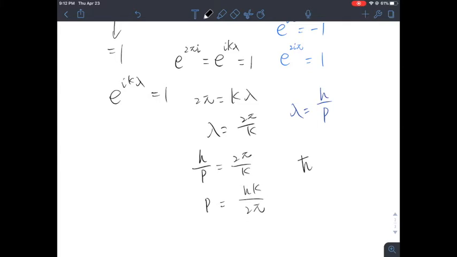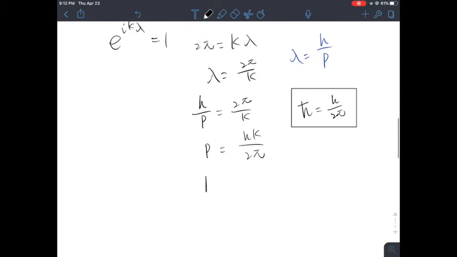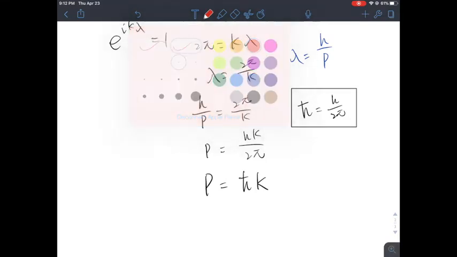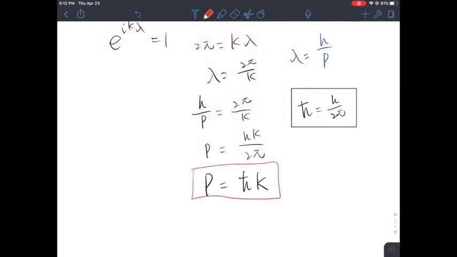Because the Planck constant divided by 2 pi pops out a lot in physics, we define it as bar h, the reduced Planck constant. Bar h is defined as h over 2 pi. So we can rewrite the function as momentum equal to bar h times k. So here we got a very important result.